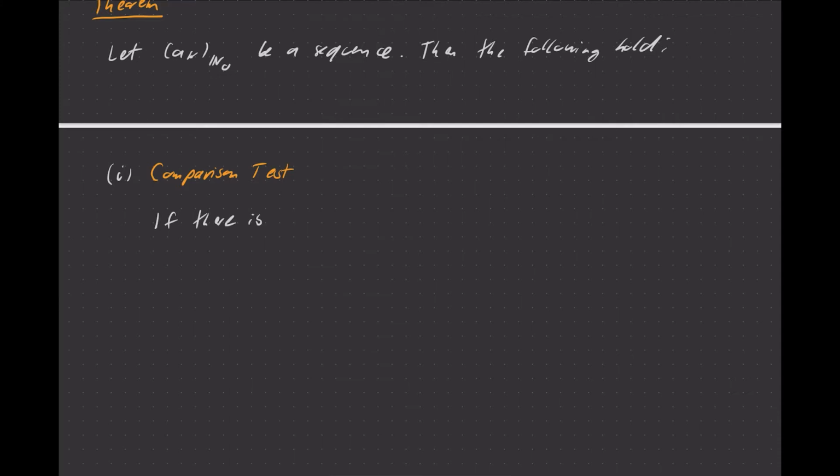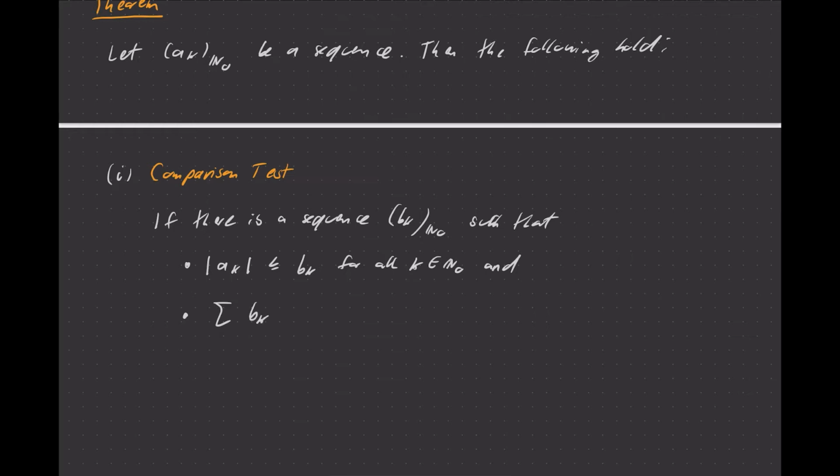So if there is a sequence b_k such that the following two conditions hold. First, the absolute value of each a_k is less or equal to b_k, and that's true for all k in N_0. And the second condition is the series over the b_k converges.